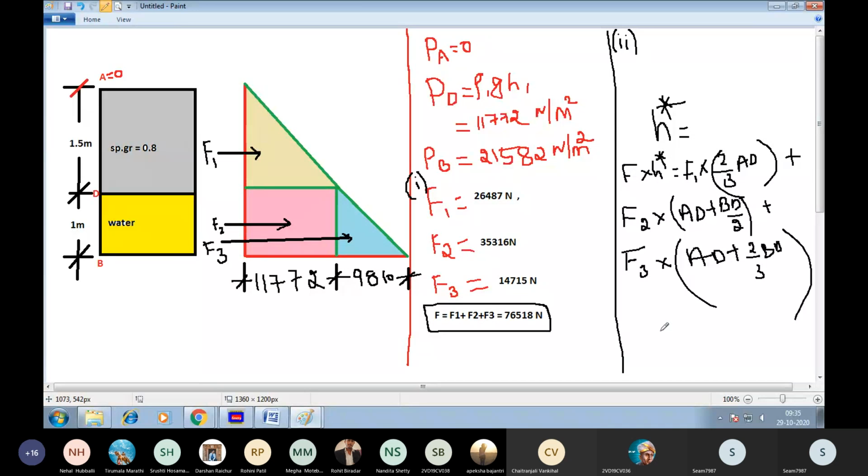What is the answer for H star? Ma'am, 1.397.